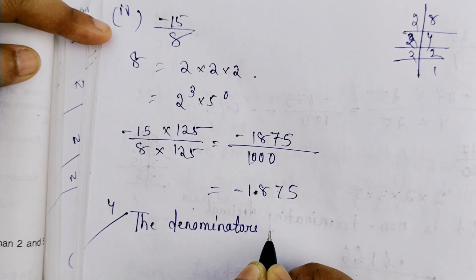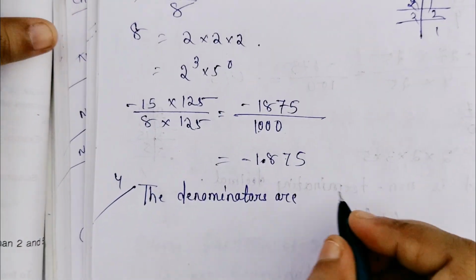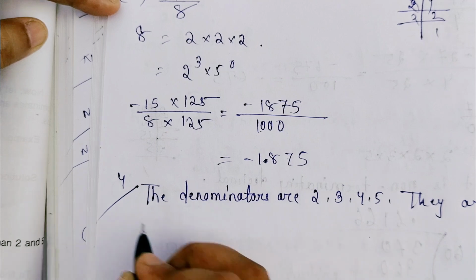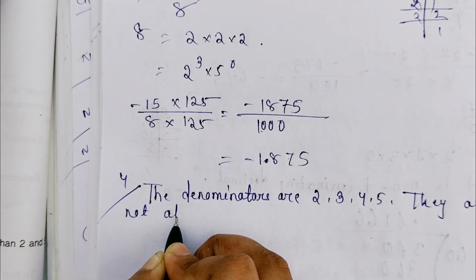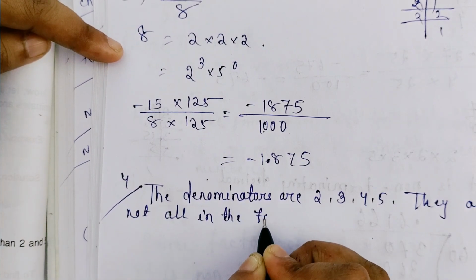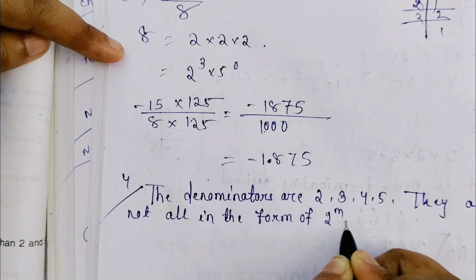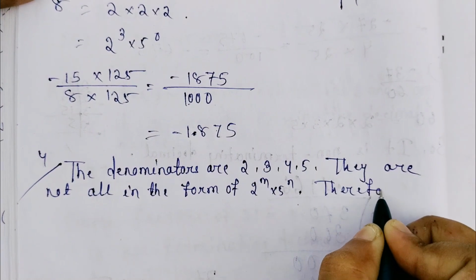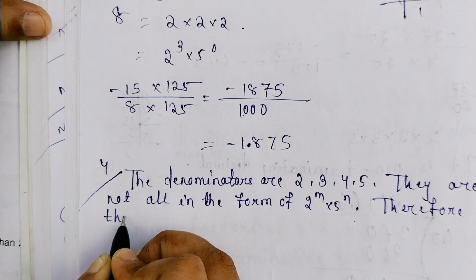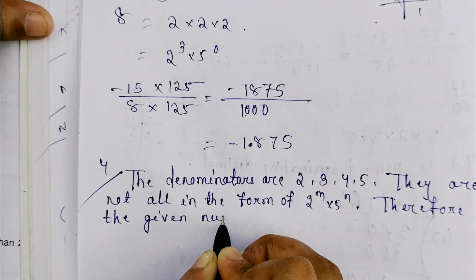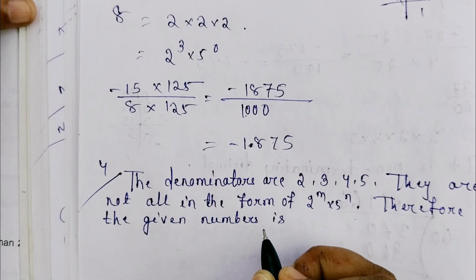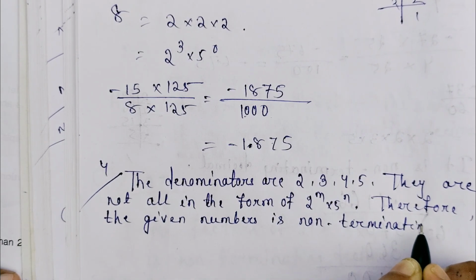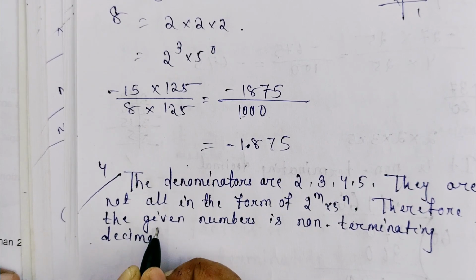Therefore the given number has a non-terminating decimal representation.